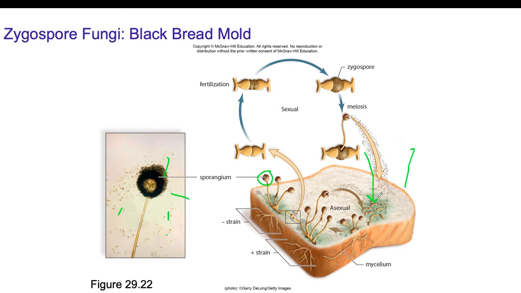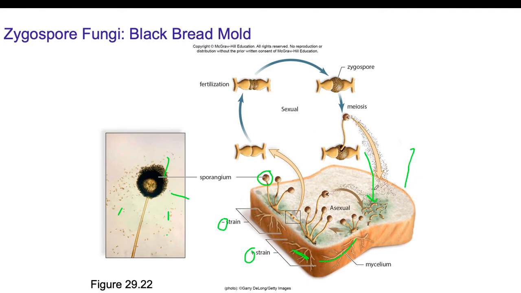The spores are either male or female. They start to put down these hair-like structures that look like roots that are either plus or minus, which is basically the same thing as saying male or female. So a plus and a minus have to come together in order for sexual reproduction to occur.